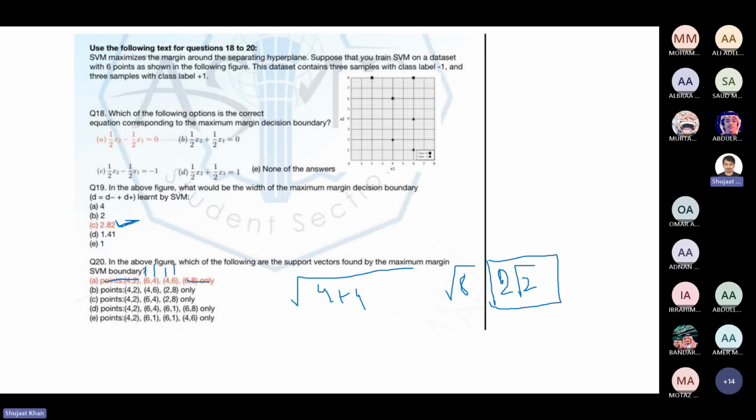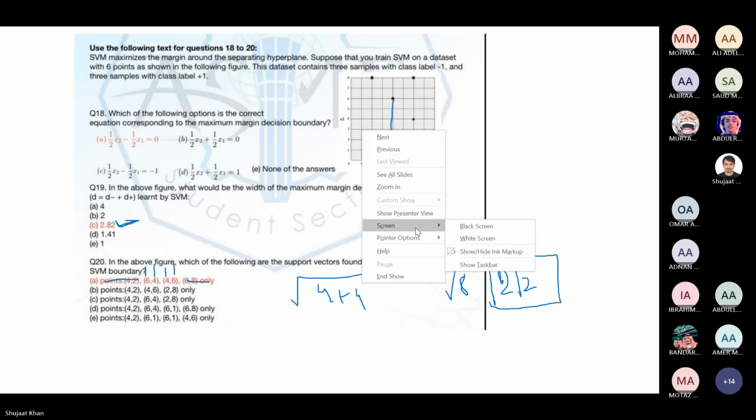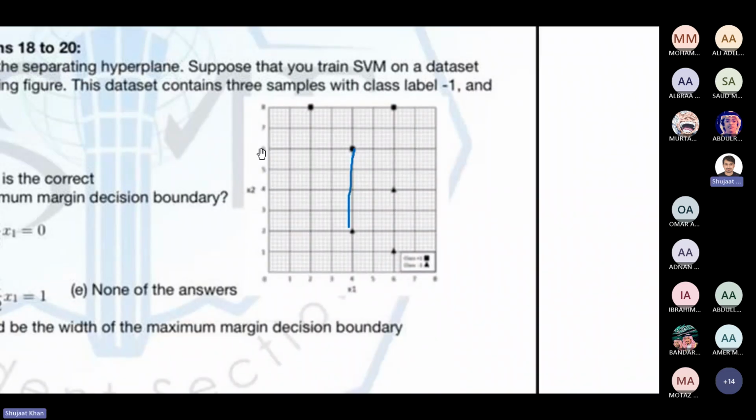And just for the sake of your understanding, you can calculate the distance between these 2 points. This is (6, 6) and (4, 6), and this is (2, 4).